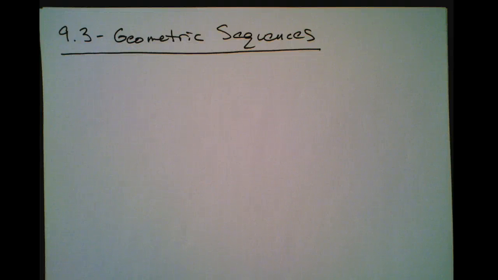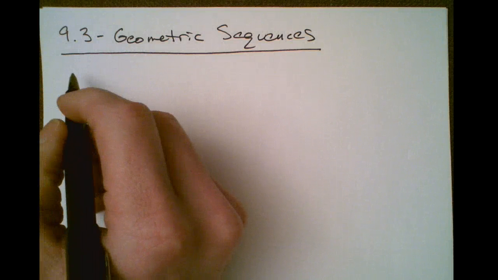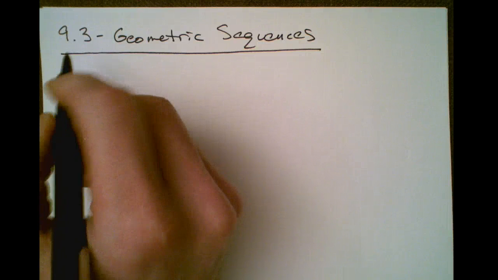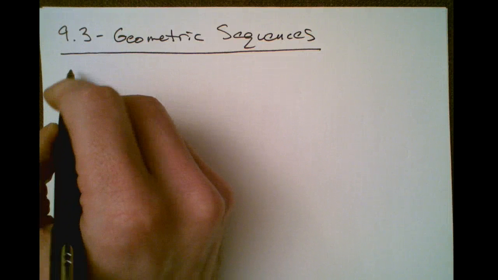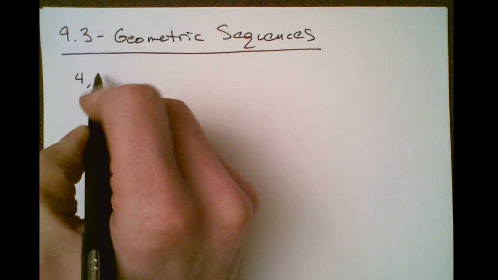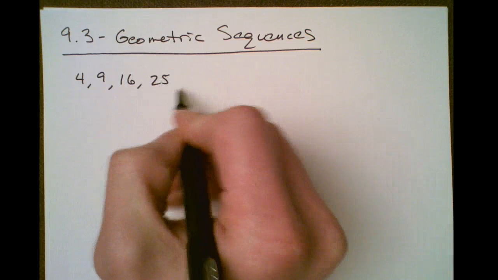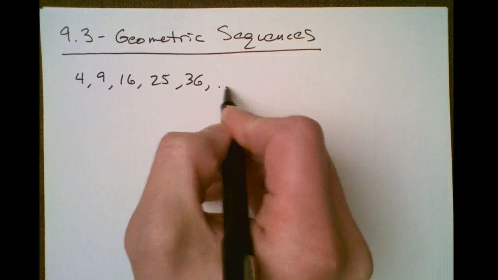Some of the sequences that we've talked about, in section 9.1, one of the sequences we looked at was maybe squares. So something like 4 and 9, 16, 25, 36, okay?